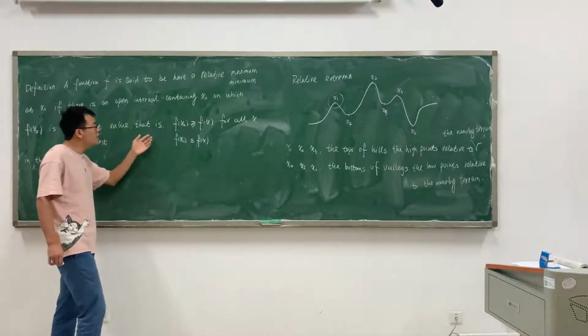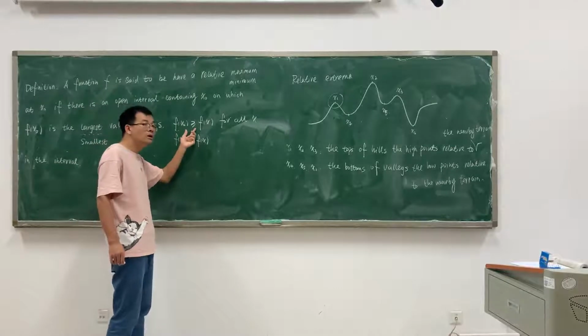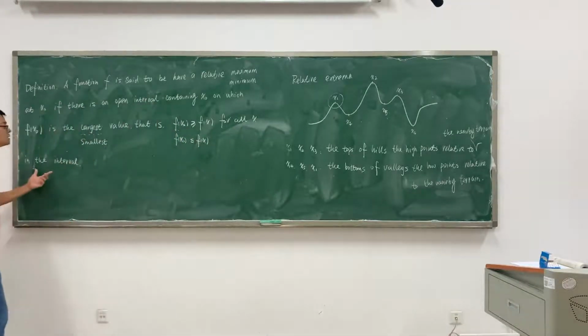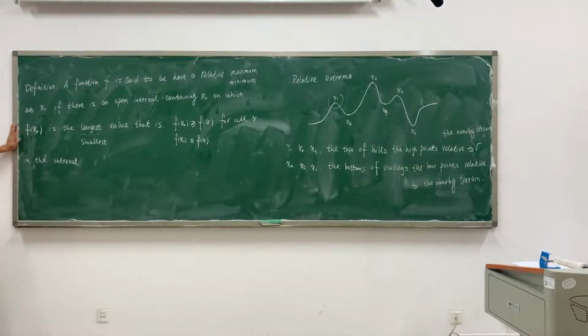This means f(x0) is greater than or equal to f(x) for all x in the interval. So this is the definition of the relative maximum.